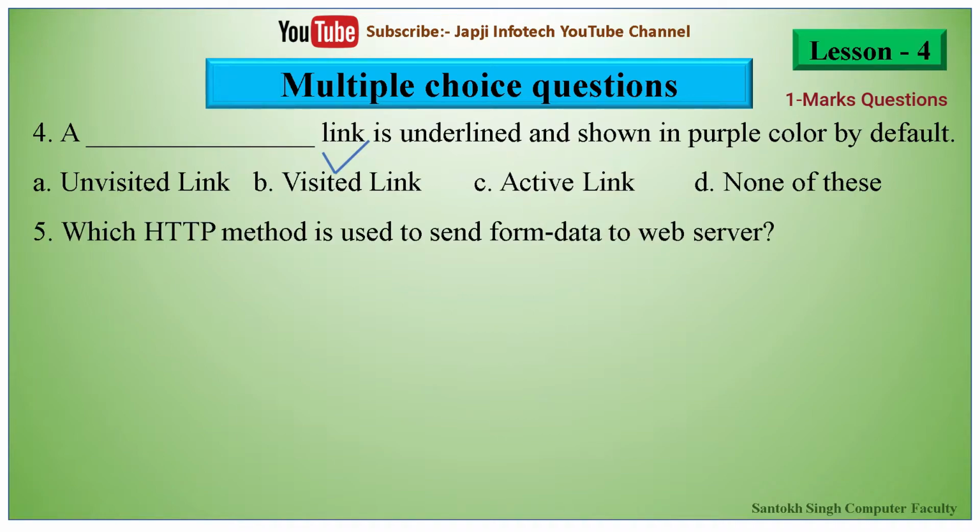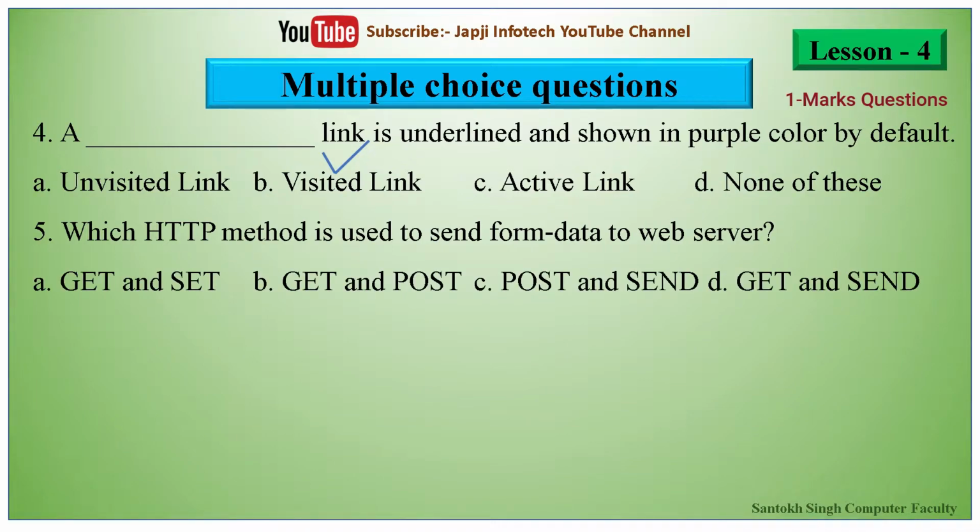And the fifth one is which HTTP method is used to send form data to web server. And their options are get and set, get and post, post and send, and get and send. And the right answer is get and post HTTP method is used to send form data to web server.